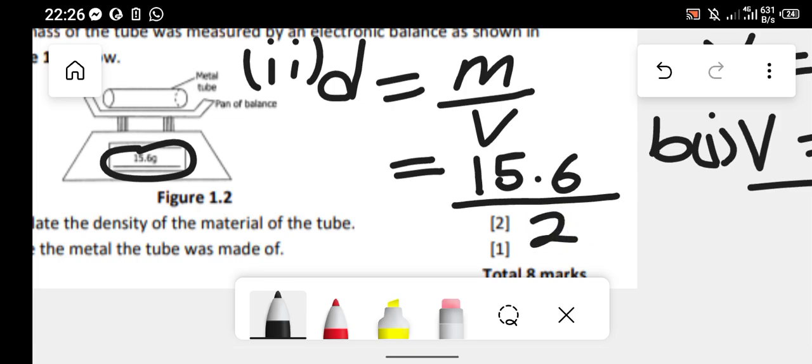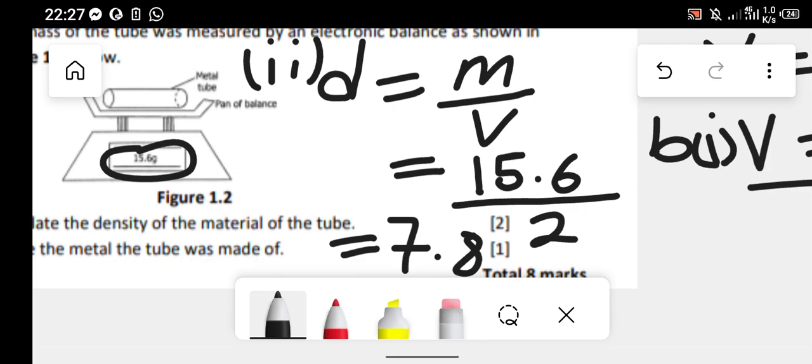So when you punch it in your calculator, 15.6 divided by 2, you should get 7.8.